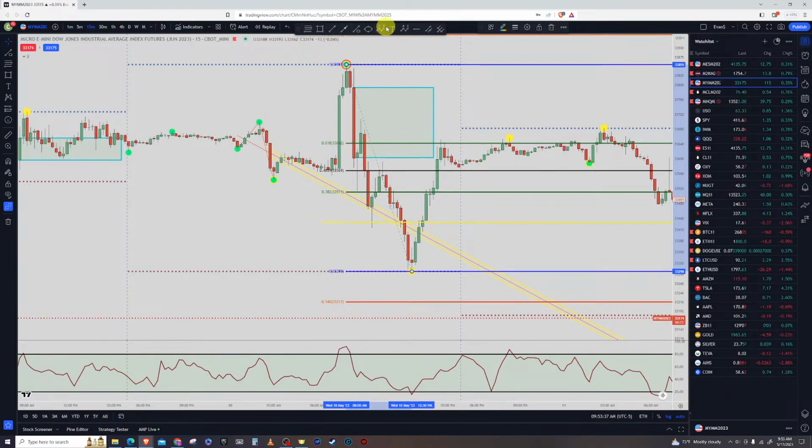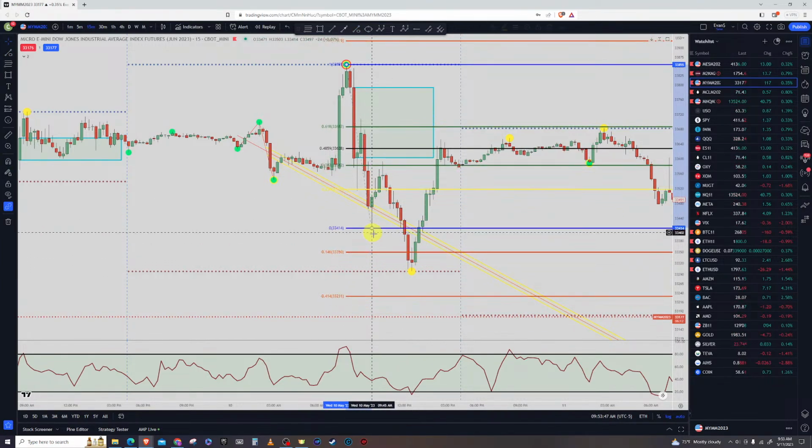So let's see, got it right there. Still be a nice little gain for it right there. And does it actually come back down and hit that? So that could be a second entry right there. Get in right there, and this ended up being a measured move. So here it hit the 38, goes down and hits the 1.146, and you have the retracement back up right there for that.